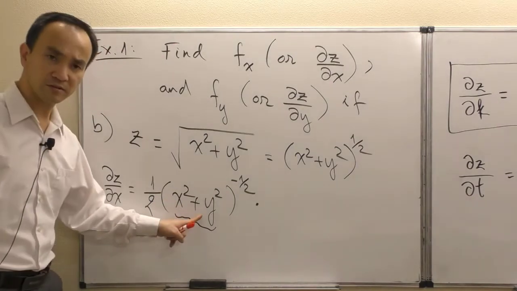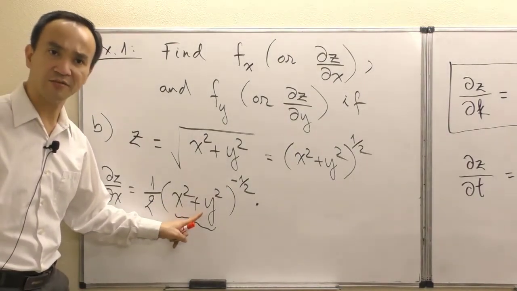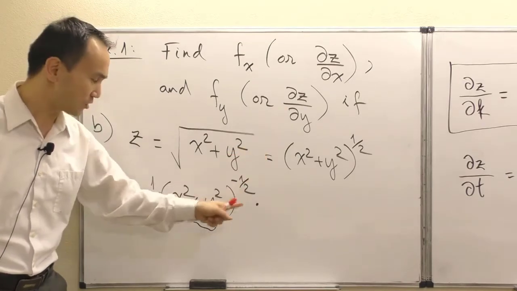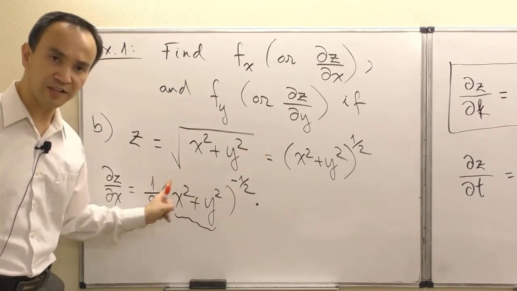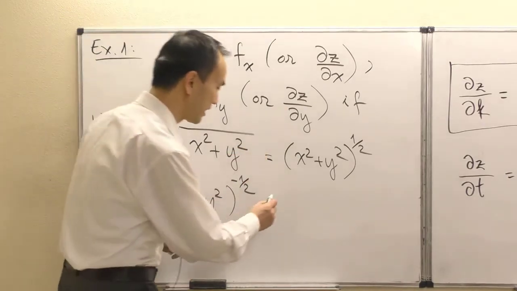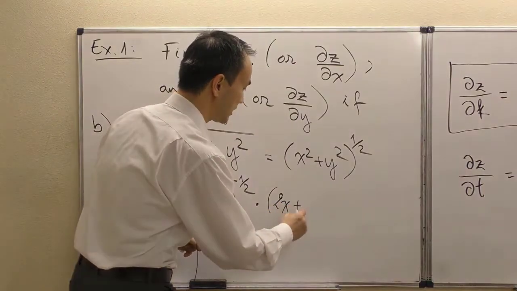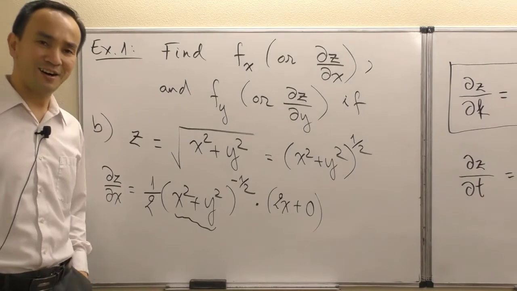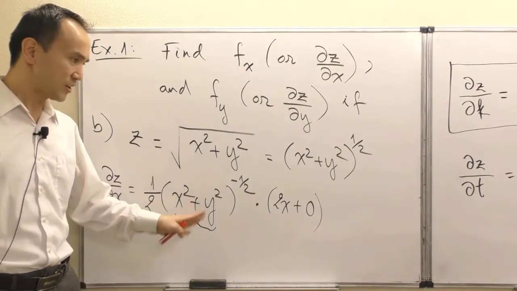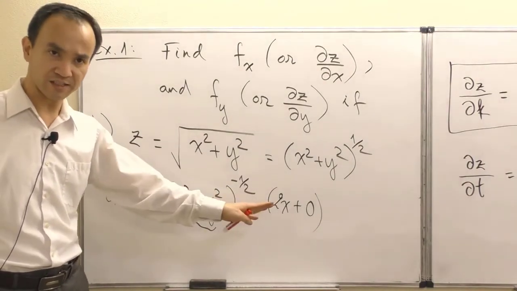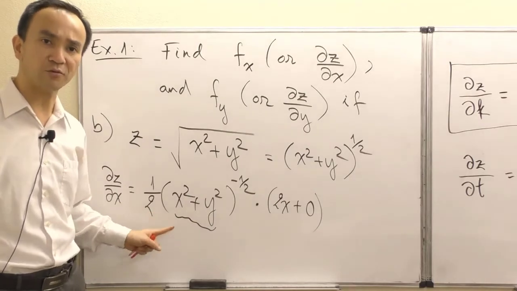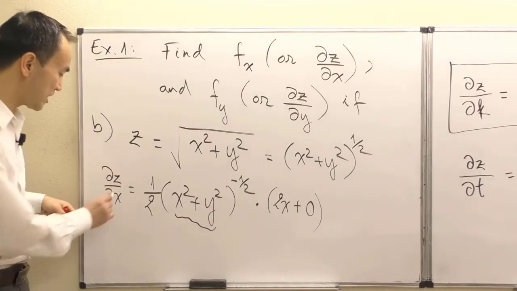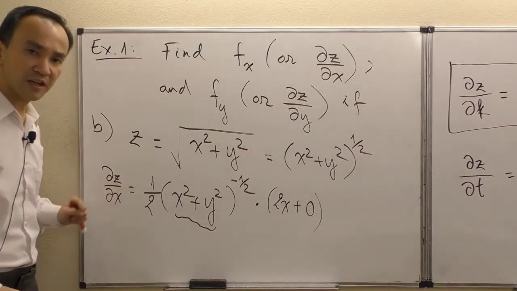The other term has no x involved, so it is a constant. Taking the derivative in terms of x of the inside function, I'm looking at 2x plus 0, because that y term gives me a 0. I'm done with my partial derivative of z in terms of x.